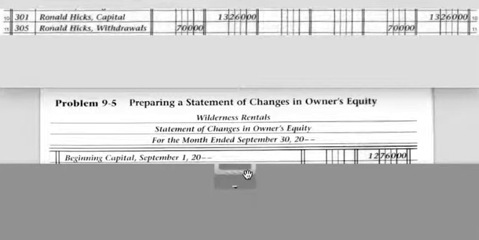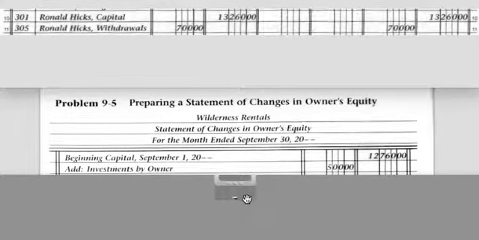Then we need to look at things that helped capital during the month. The two basic things that will help capital are investments made by the owner and whether you had a net income. So on the next line, you're going to write add and put a colon. We did have an investment by the owner during the month of September. That doesn't always happen, but for problem 9.5 it did. So you're going to write investments by owner, and in the left column, you're going to write $500 because that was given in our instructions.